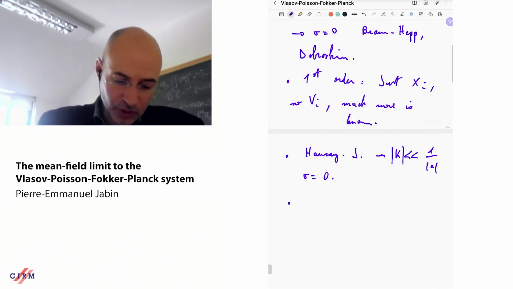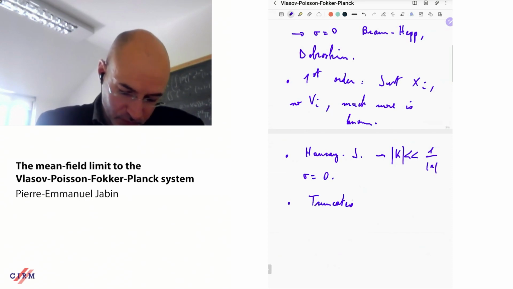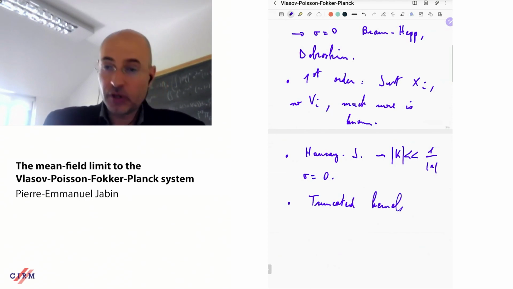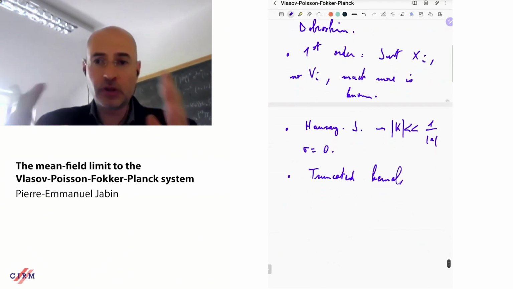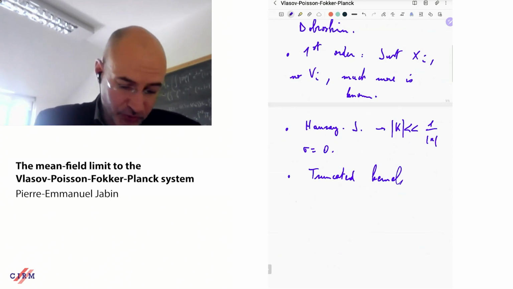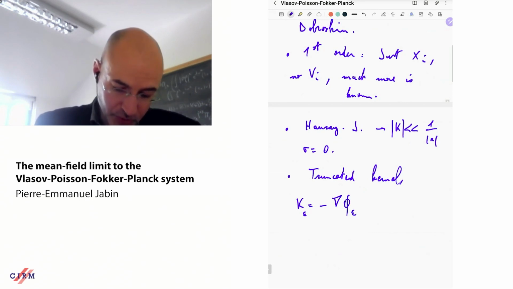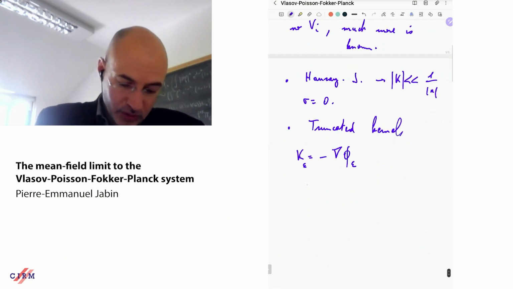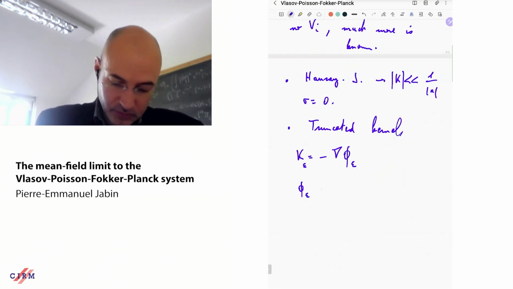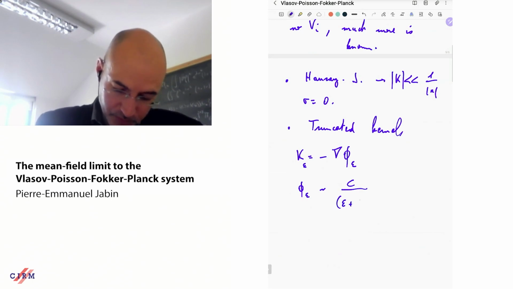And then you have a lot of results with truncated kernels. The idea of truncating the kernel is simply to regularize at some scale. So for example, you can look at the kernel K epsilon, which still derives from a potential, but now you could take the potential like this.